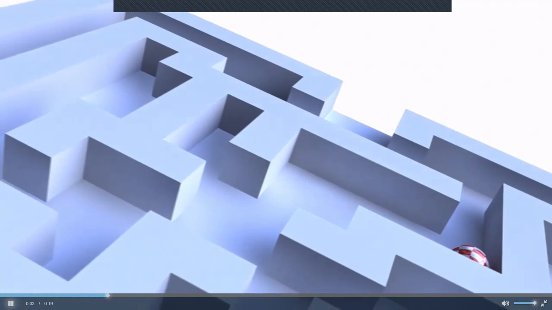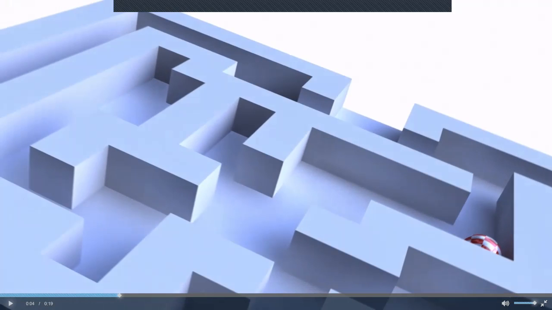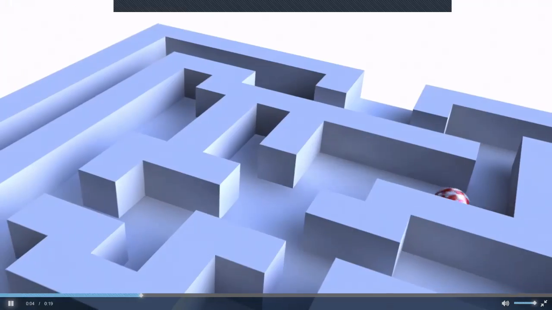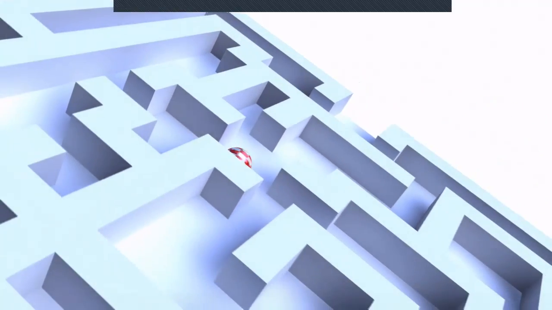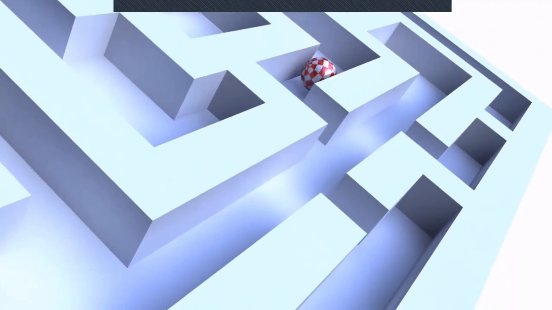What made the marble change direction? The marble changed direction when it was pushed or when it bumped into a wall and pushed off. See how it's bumping into the wall and pushing off?